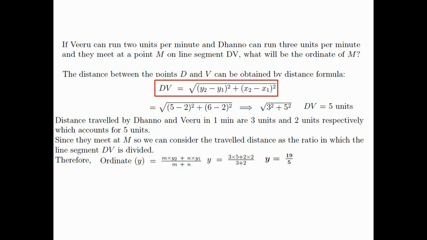So basically, as they are meeting at M, we can divide the line segment DV in the same ratio of their travel distance. Hence, ordinate will be (m into y2 plus n into y1) by (m plus n). So y equals (3 into 5 plus 2 into 2) divided by (3 plus 2), that is y equals 19 by 5.